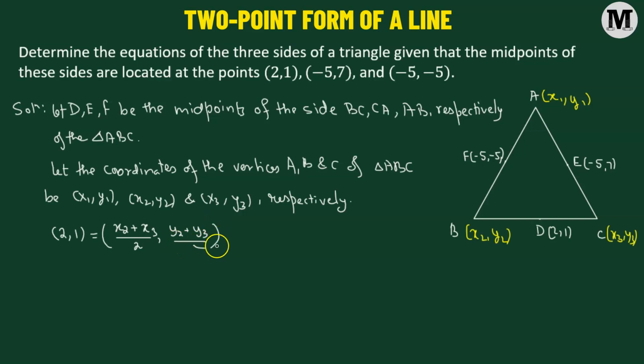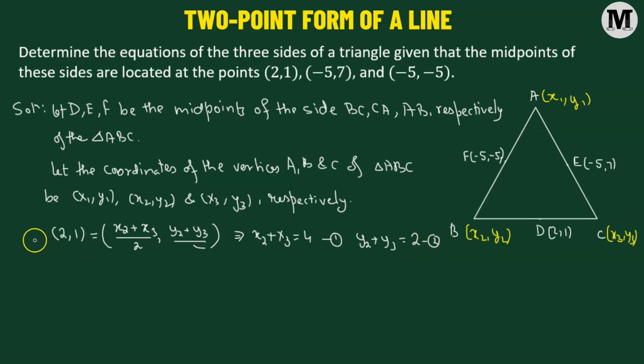If we equate them, that gives us two equations. We get x2 plus x3 equals 4, let's call it equation number 1, and y2 plus y3 equals 2, which will be the second equation.